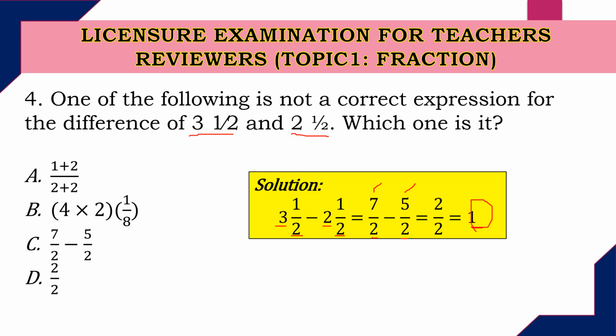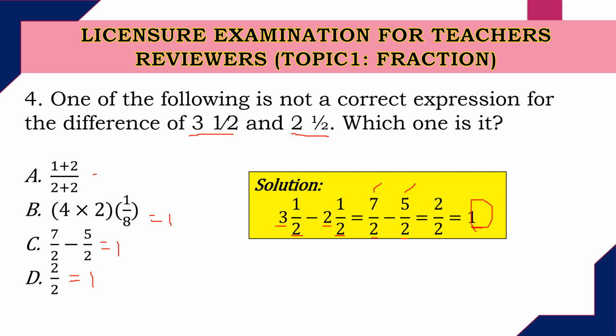Unahin natin sa letter D. 2 divided by 2, that is equal to 1. 7 over 2 minus 5 over 2, that is equal to 1. 4 times 2, that is 8, times 1 over 8, that is 1.